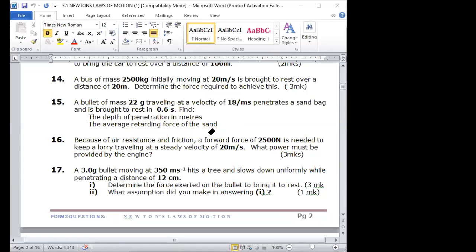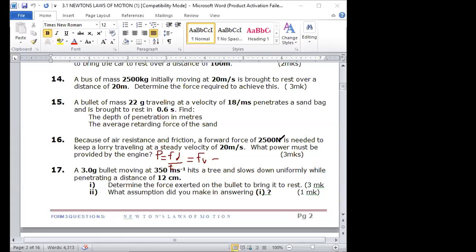Now, because the question is asking us to get the power, we know power is the rate of doing work. And power being the rate of doing work, power is equal to force times distance over time. But distance over time gives us velocity, meaning that power is force multiplied by velocity.